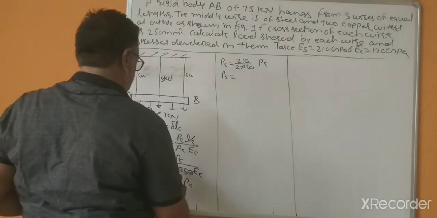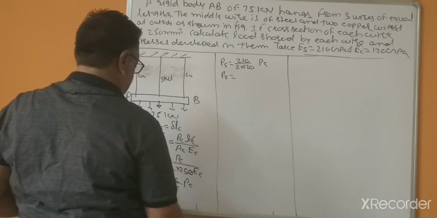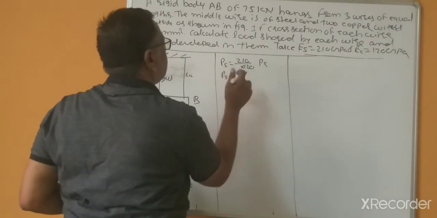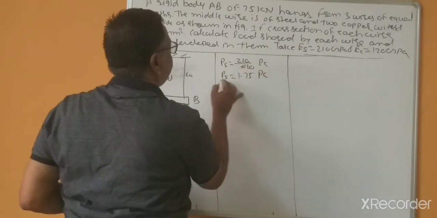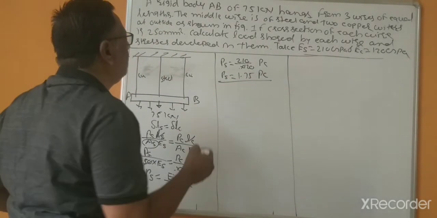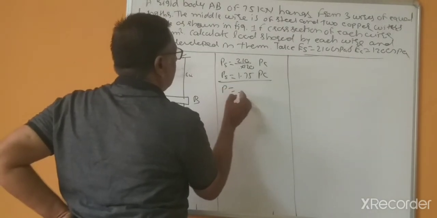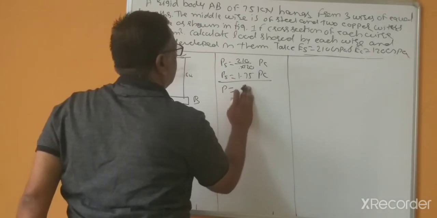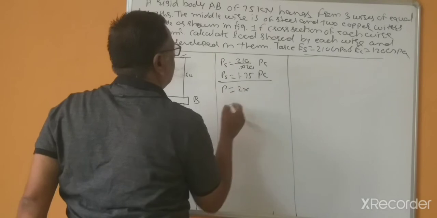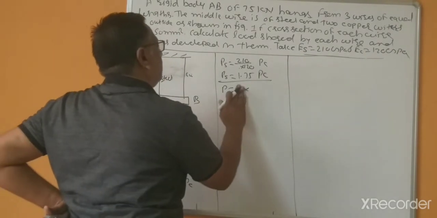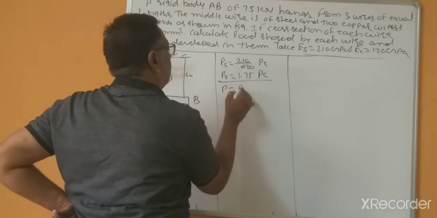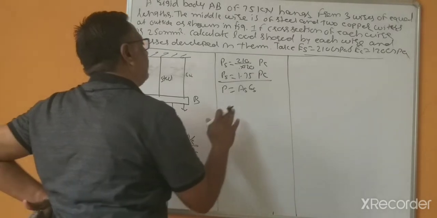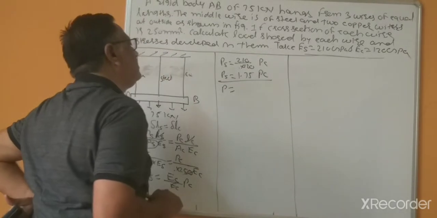Here actually only the area of cross sections is to be considered. So that's why this is 1.75 PC, because area is to be considered. Yes, in these equations P equal to two into... because we already calculated these relations.